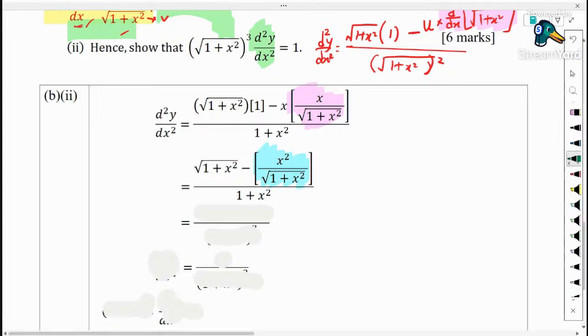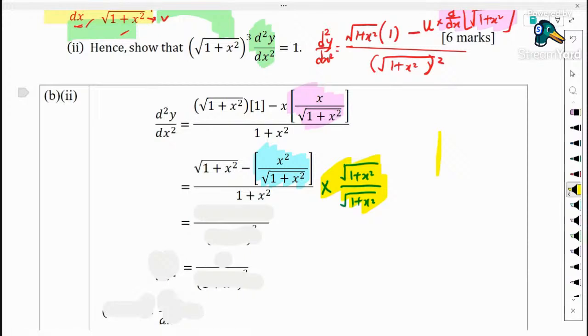In order to achieve that, I would like to multiply top and bottom with the square root of 1 plus x squared, which is this whole thing here, and is actually equal to 1. So this is why you can suddenly multiply something and yet the calculation is still valid. The result is still consistent because you're actually multiplying by 1.